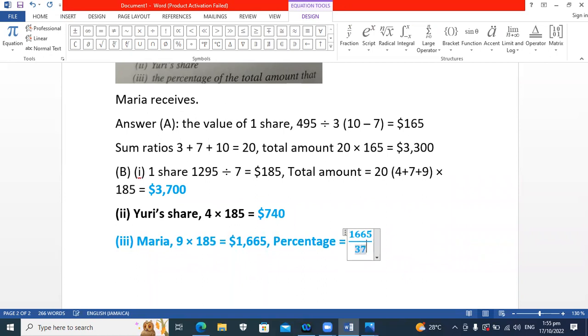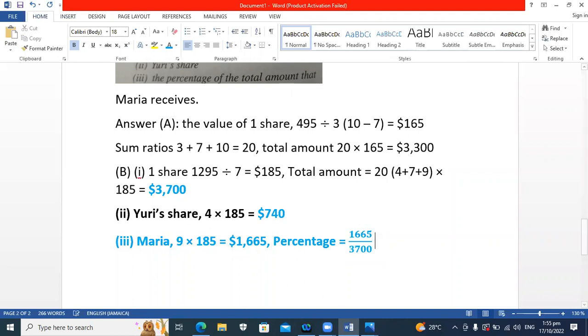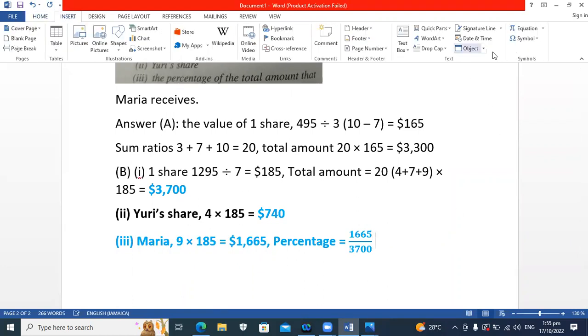Which is 3,700. And to find the percentage, we just multiply by what? 100. And I believe that's the answer, not true? Yes. The percentage would be 45%.